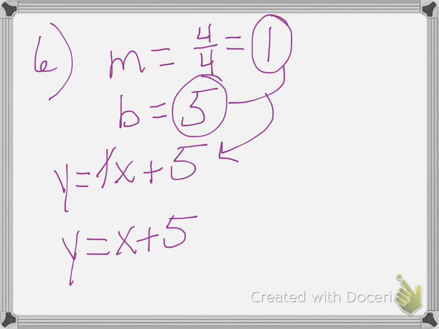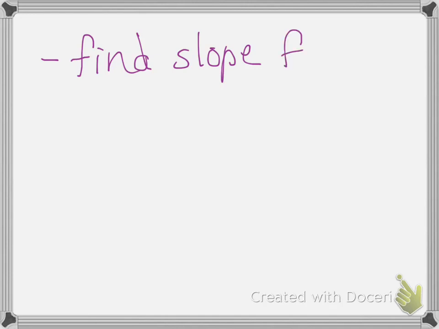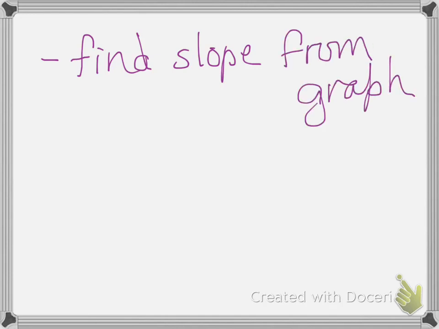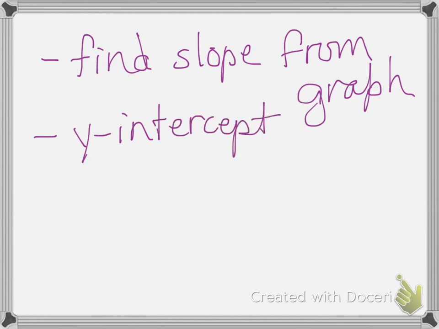So, in conclusion, we need to know how to find slope from a graph. We did that yesterday, so no big deal there. We need to know how to identify the y-intercept. Well, we look at our graph and see where it hits the y-axis, and that's our y-intercept.